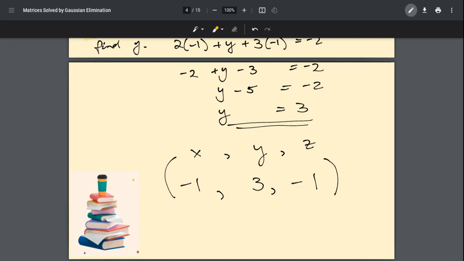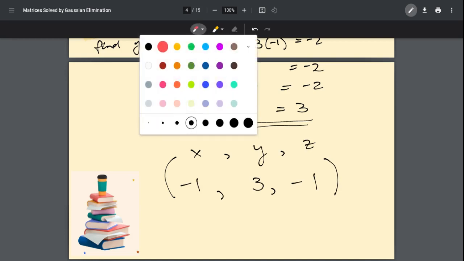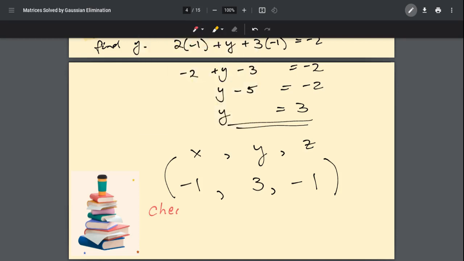Okay, you always want to check. You cannot just quit and say, hey, I got some pretty numbers. You have to check. So you're going to have to check equation 1, equation 2, equation 3.